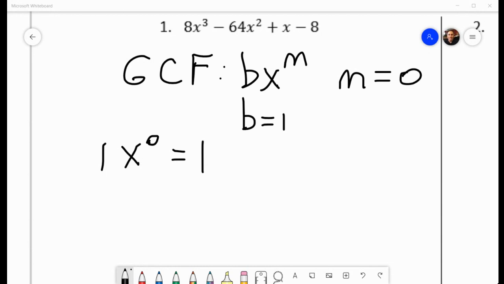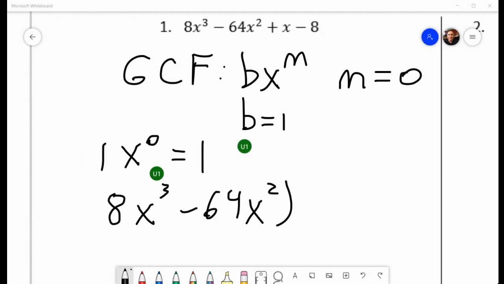So now let's do factor by grouping. Let me just write out the polynomial again. So again, what do we want to do here? We want to use factor by grouping.